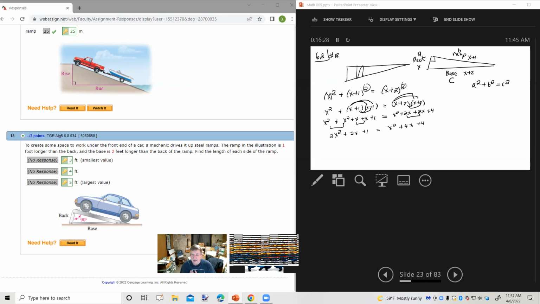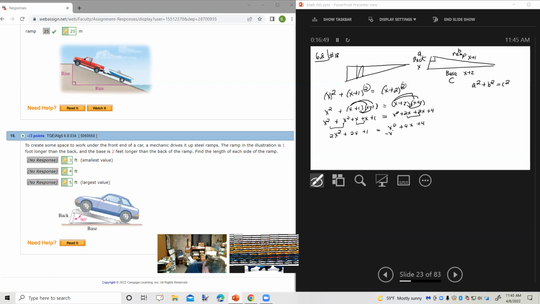All right, I see that I have a second degree equation. So I'm going to put everything on one side of the equation set equal to 0. And I'd like to have my leading coefficient positive. Since I have a 2x squared on the left side of the equation and a 1x squared on the right side, if I move everything to the left, I'll still have a positive coefficient for the x squared term.